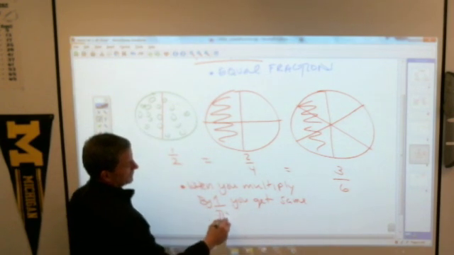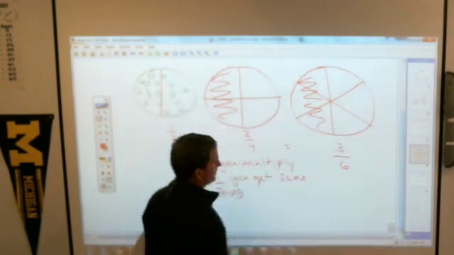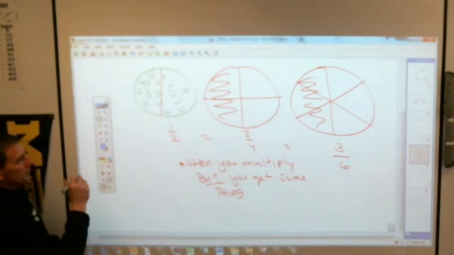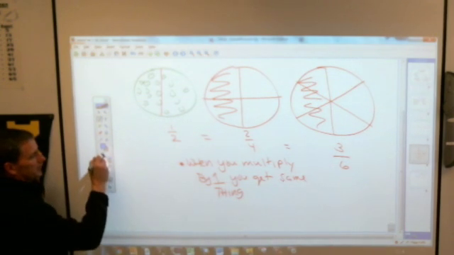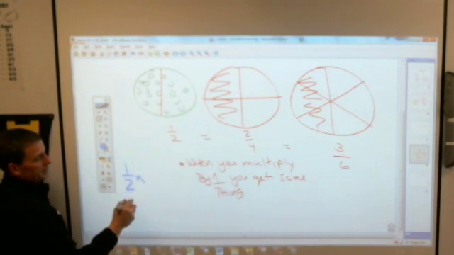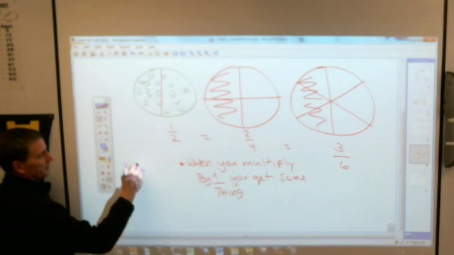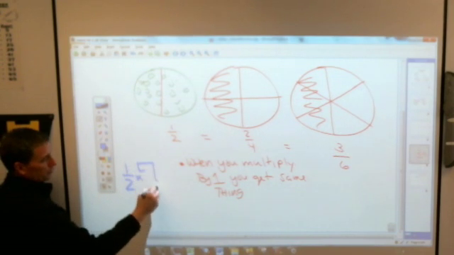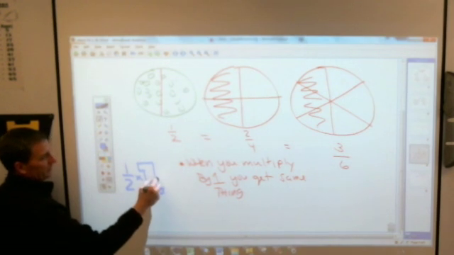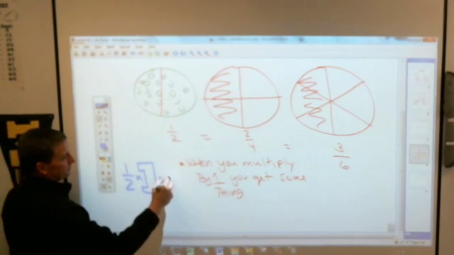So here is the big climax of the show. See if you can make this little connection. I just said that 1/2 times 1, I'm going to make my 1 like this, like the book does. 1/2 times 1 is going to give me what? 1/2, right?